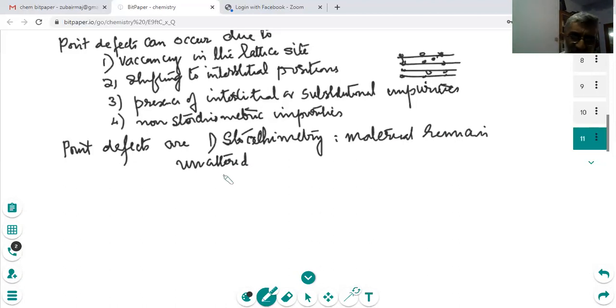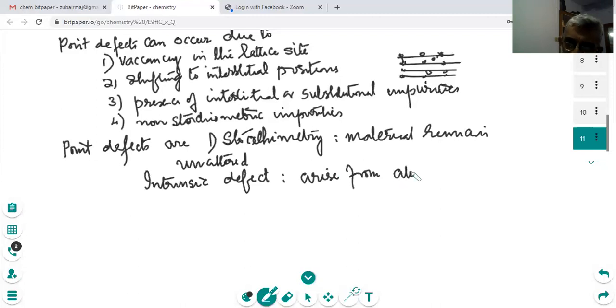Intrinsic defects mean the defects arise from the atoms or ions within the crystal. This is called an intrinsic defect.